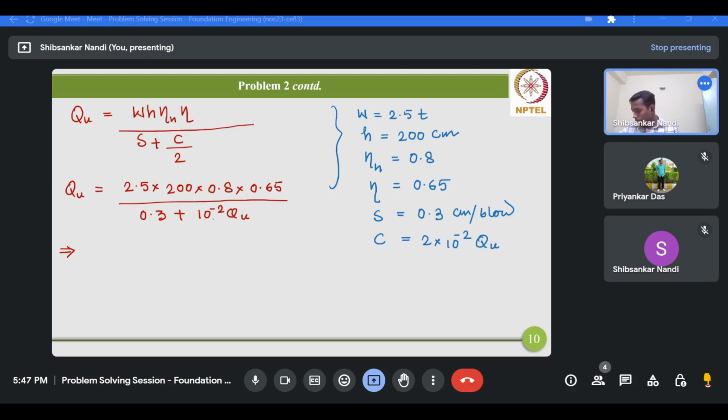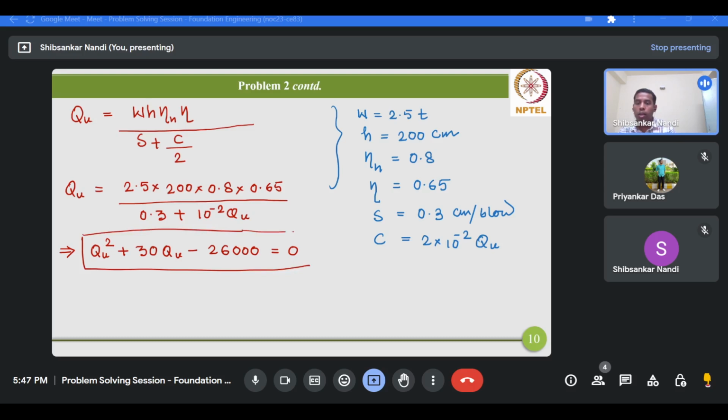Now please see that this will become a quadratic equation in QU. How? So this will be QU square plus 30 QU minus 26 equals to 0.